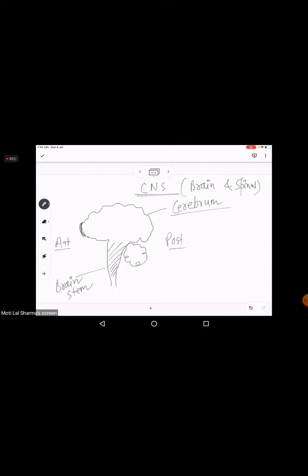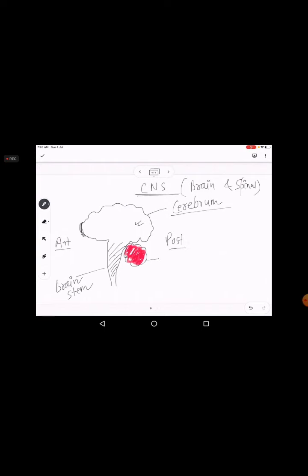And behind the brain stem and below the cerebrum, there is the second largest part. You can see here the second largest part is this. This second largest part is behind your brainstem and below your cerebrum, and it is called the cerebellum.